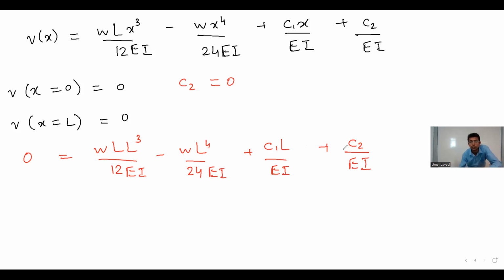C2 is already 0. So C1 comes out to be minus WL power 3 over 24 EI.